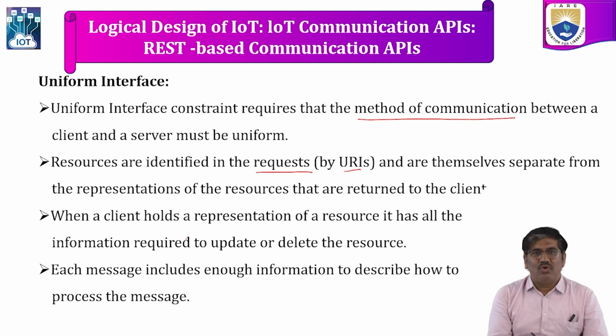When a client holds a representation of a resource, it has all the information required to update or delete the resource. So each message includes enough information to describe how to process the message.